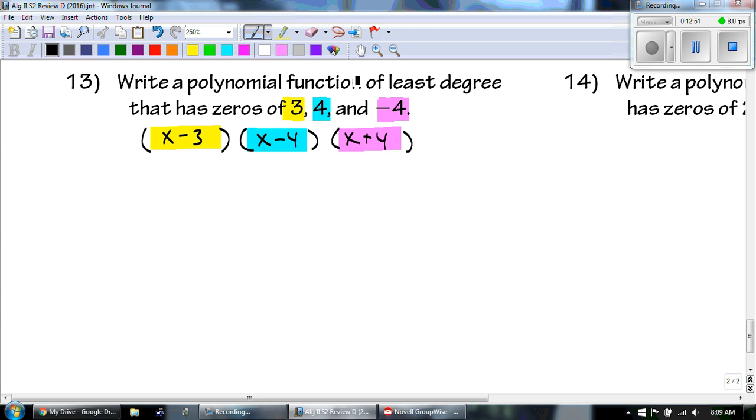Okay, so you pick 2. It doesn't matter which 2 you want to factor. I'm just going to keep the x minus 3 out front. And then I'm going to factor these other guys.